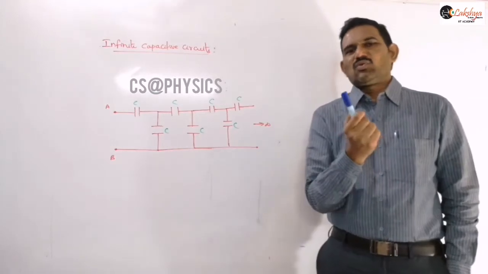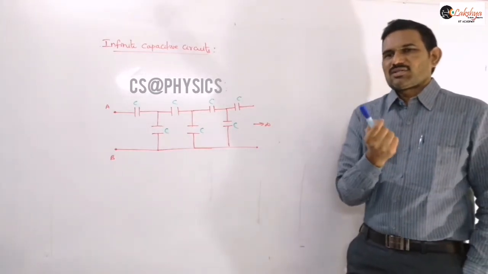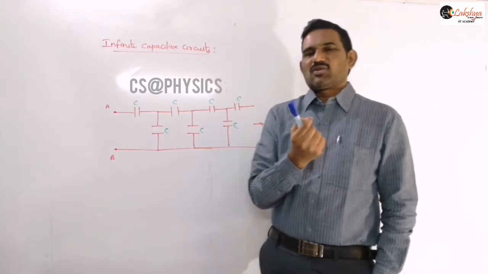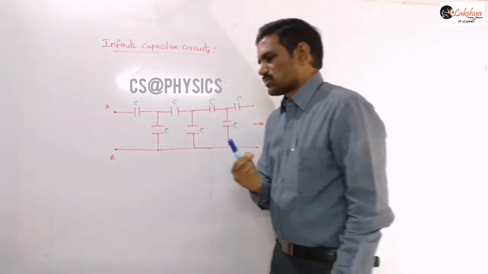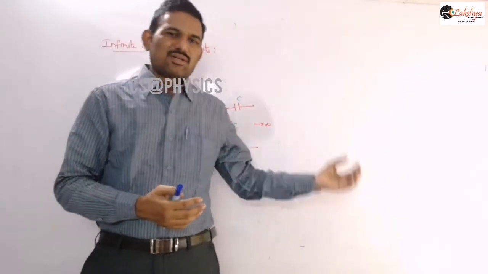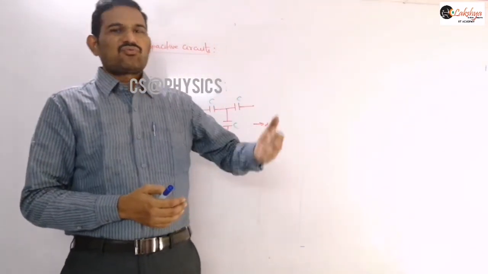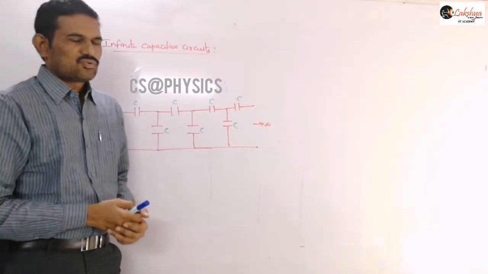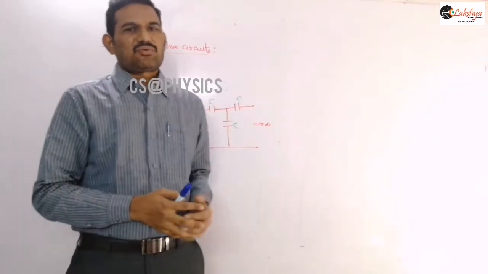That is the first part of solving these infinite circuits: we need to identify the unit cell, the fundamental part of the circuit which is repeating to get the infinite circuit. As the circuit is infinite, even if you remove one cell from this infinite series, or add one cell to it, there is no change in effective capacitance.